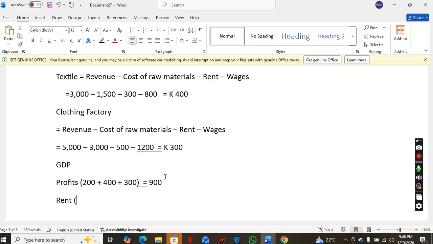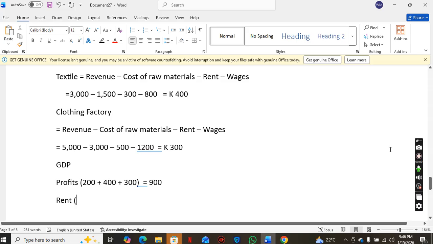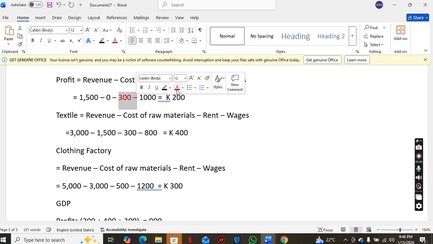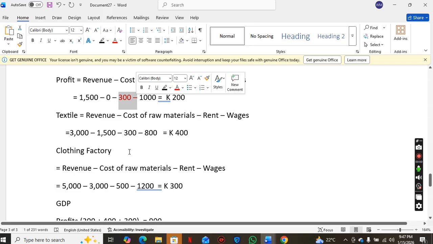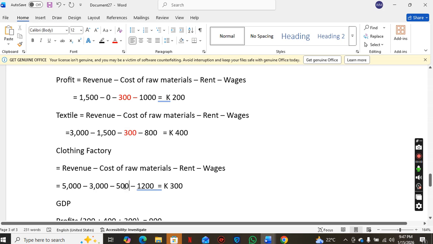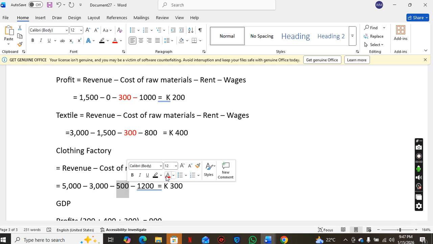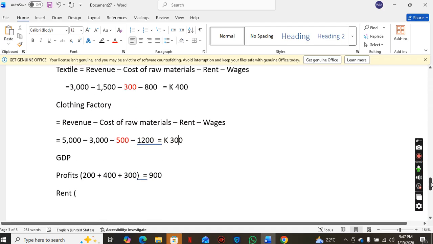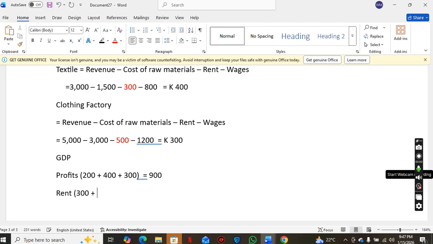Rent, the landowners: 300 plus 300 plus 500. 300 plus 300 is 600, plus 500 is 1,100.